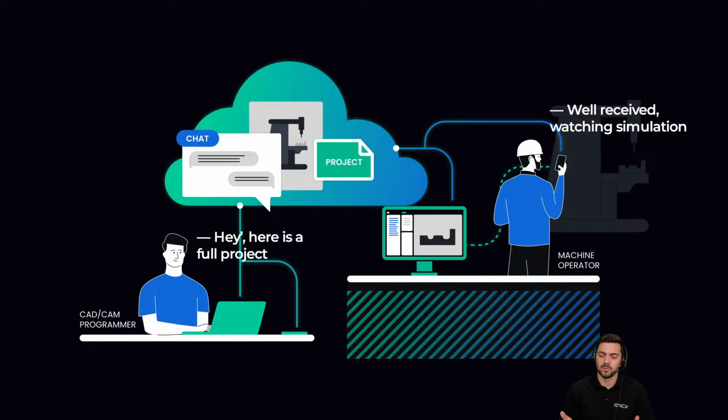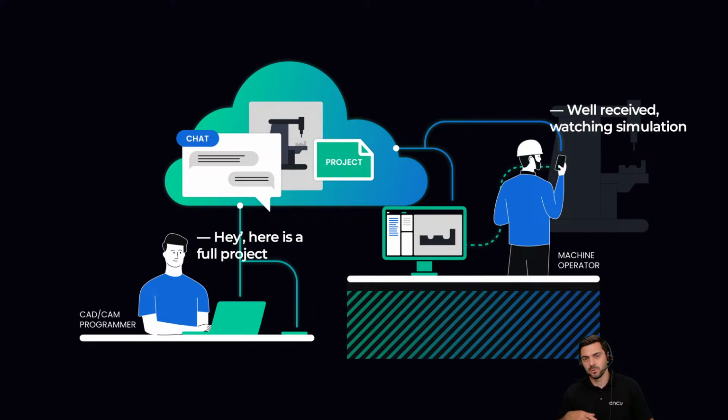This project is transferred between ENCY and ENCY Tuner via the cloud. So you don't have to save it to a hard drive, send it through some cloud storage, or take a flash card and physically transfer this project file to the machine operator. On top of that, besides the transfer of files, we also organize a chat, which is available on the mobile phone or directly on the desktop.